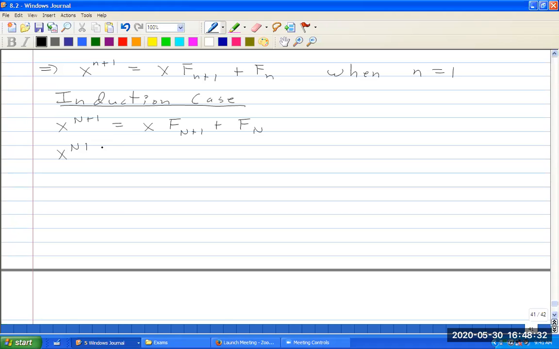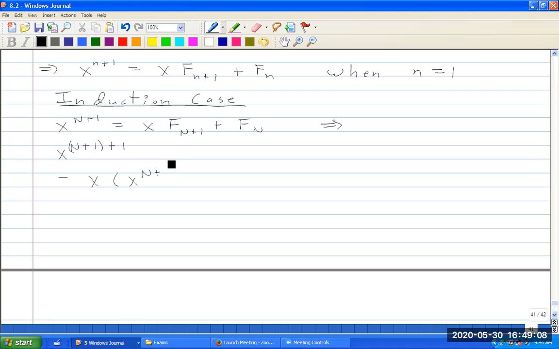Well, maybe I'll say it this way: x to the power n plus 1 plus 1. So this is equal to x times x to the power n plus 1, just by properties of exponents.